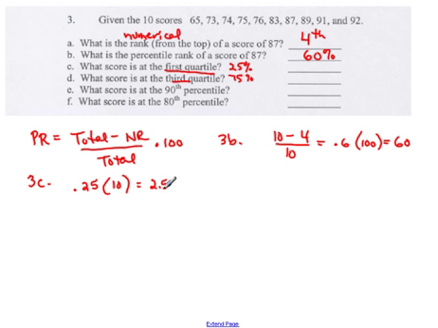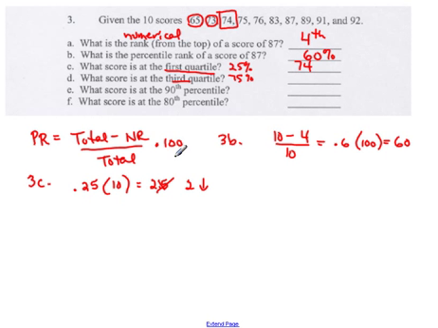Since we're dealing with whole number scores here, just lop off, or what we call truncate, that decimal, and we're going to say it's 2 scores below. So here you start counting from the bottom. The bottom 2 scores are 65 and 73. They are in the first quartile, and the score at the first quartile would be the next score of 74.